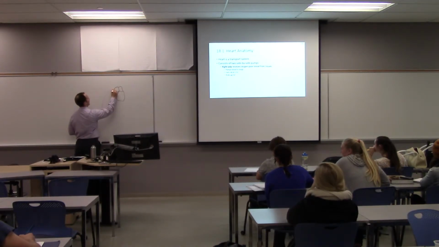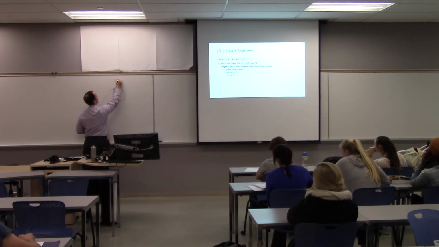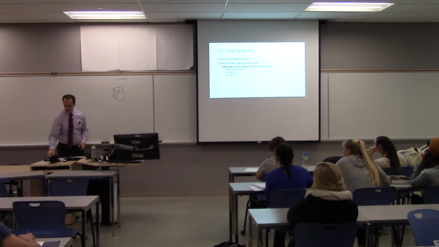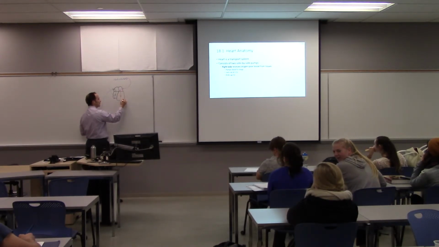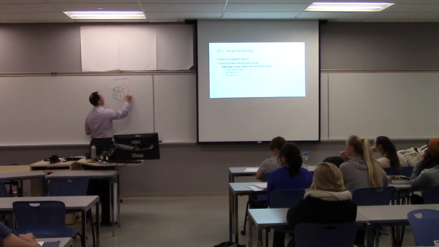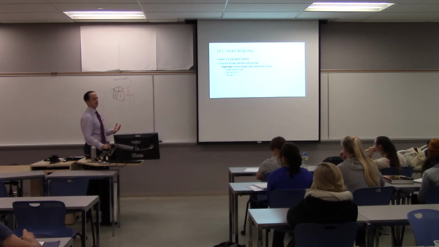The right side receives deoxygenated blood, sends it down to this chamber, which sends it to the lungs. And then the left side receives oxygenated blood from the lungs, sends it down to the big chamber, the big dog, the left ventricle, which sends it to the body, which goes back. That's basically your basic schematic of the heart.